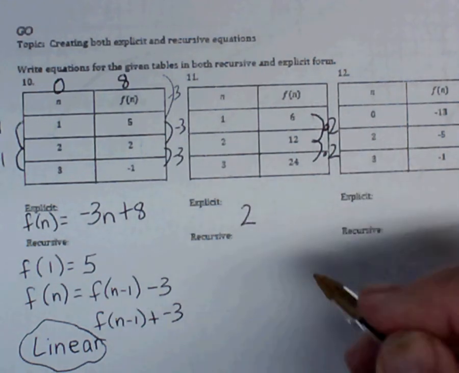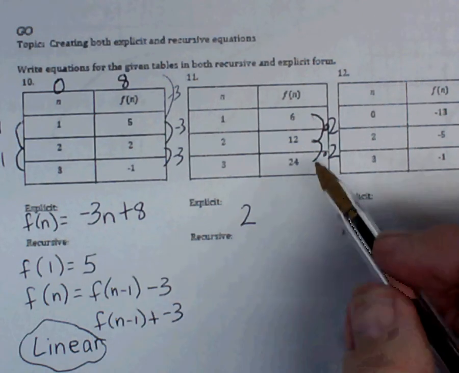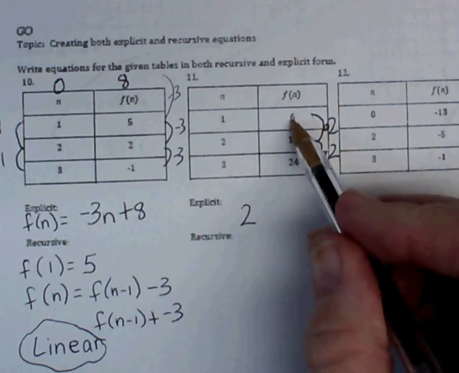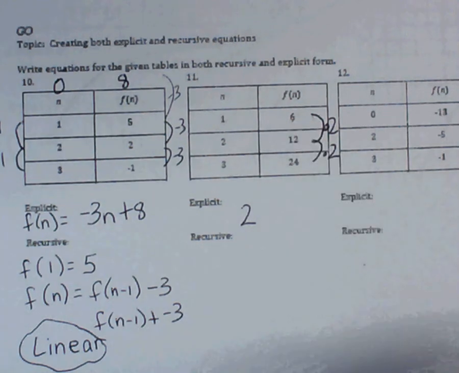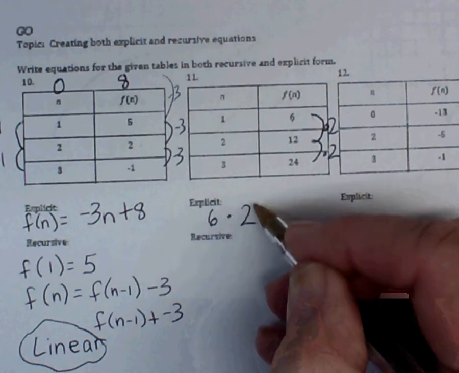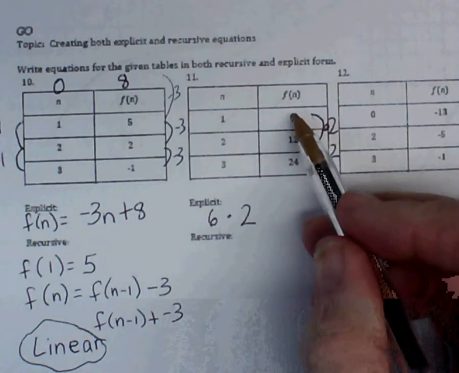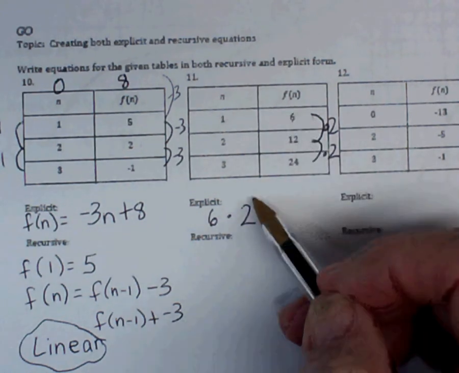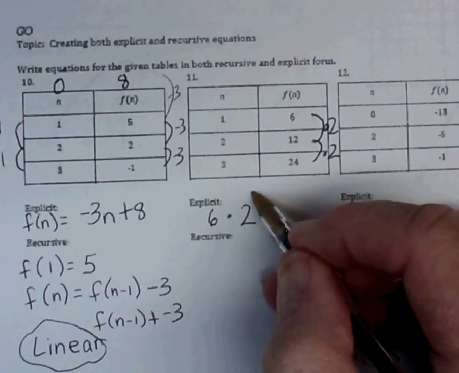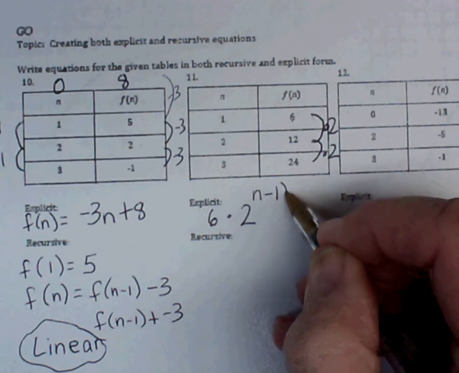Is it going to be, let's see. And I have to start with 6. So 6 times 2 to the 0 power would be 6. 6 times 2 to the first power would be 6 times 2, which is 12. So this has to be n minus 1 right here.